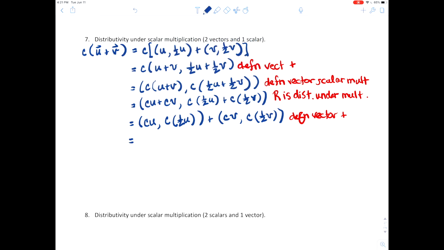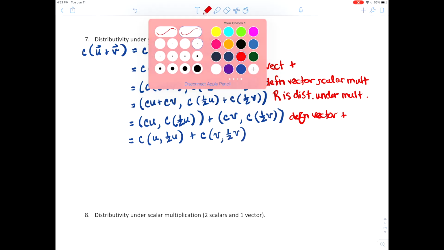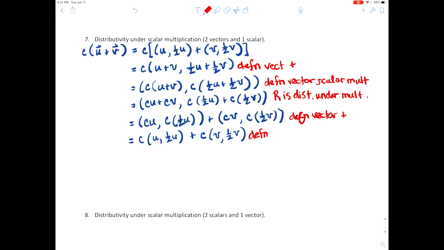All right, continuing. We now almost have it. We need to use the definition of vector scalar multiplication to get this in the right format. So this is going to be C times U, comma, 1/2 U, plus C times V, comma, 1/2 V. And that is our definition of vector scalar multiplication.